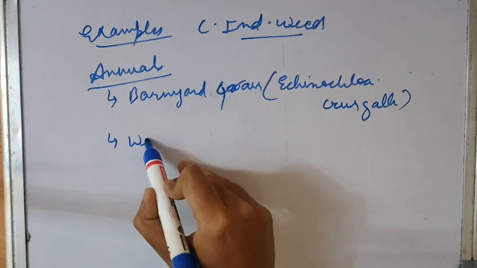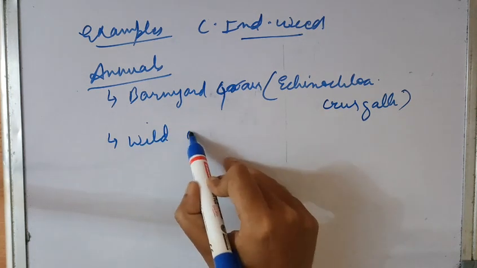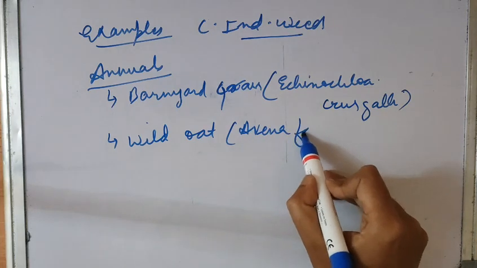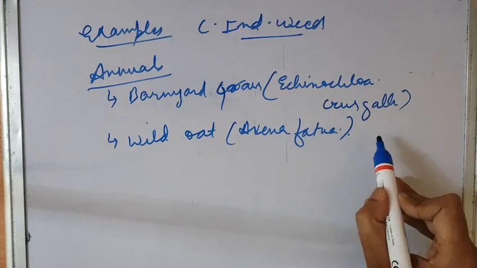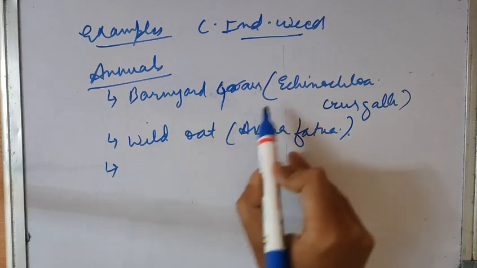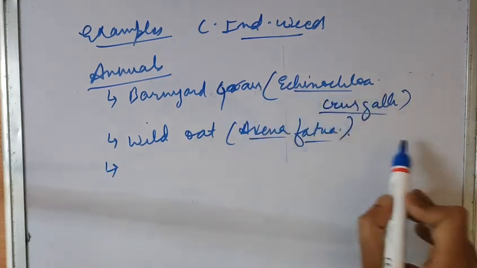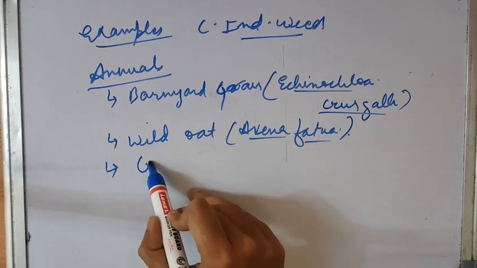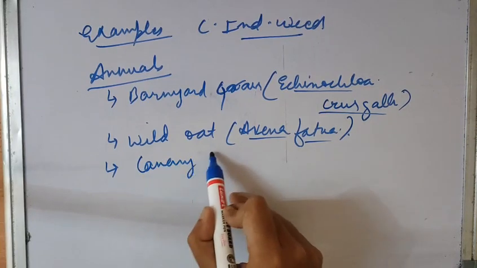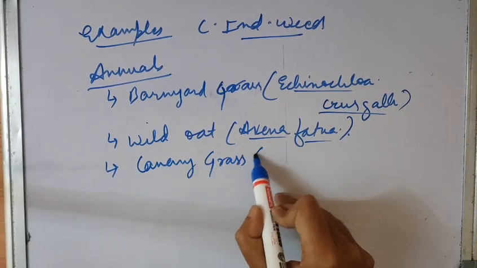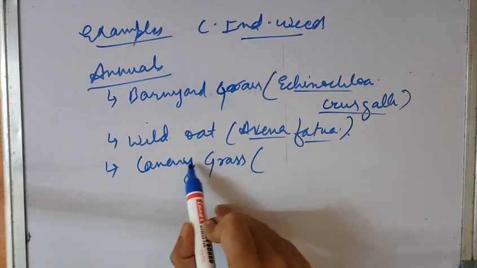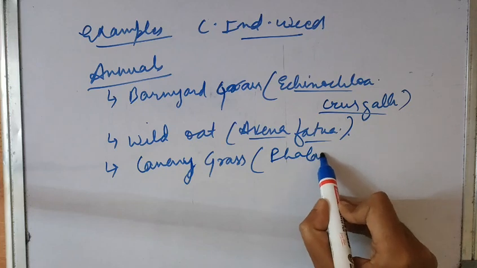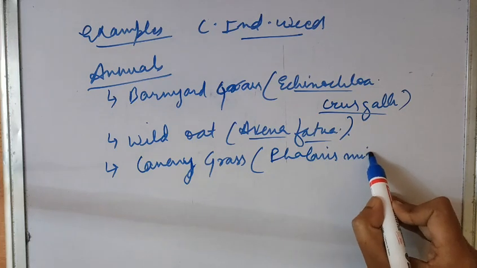Then we have wild oat, Avena fatua. Underline the biological names, it is very important. We have canary grass, that is Phalaris minor, a common weed of wheat.